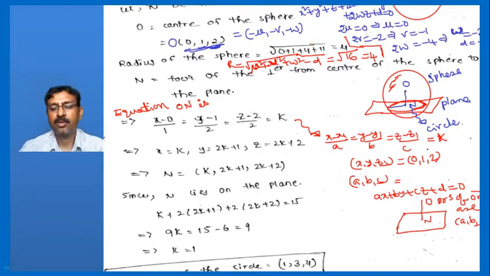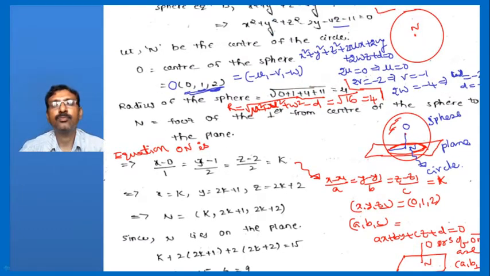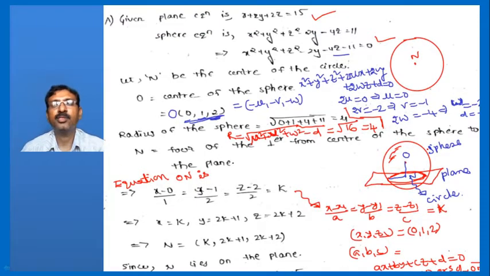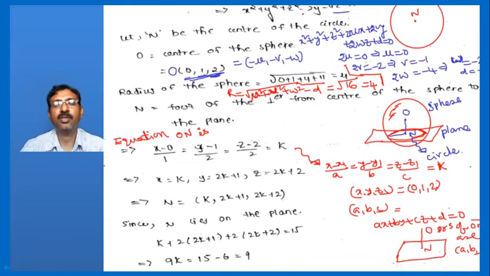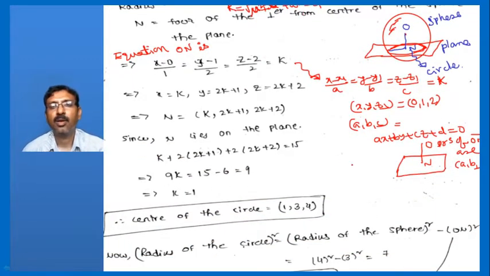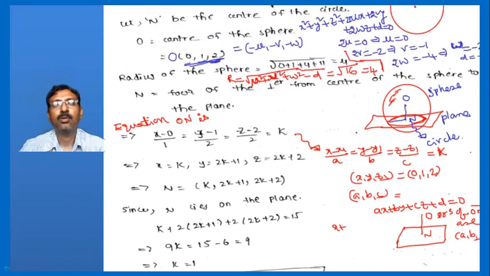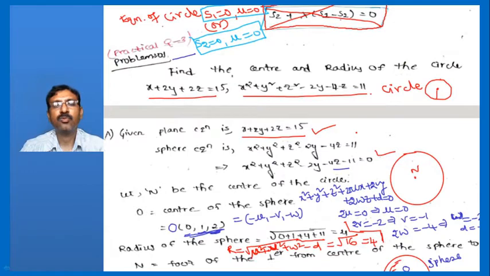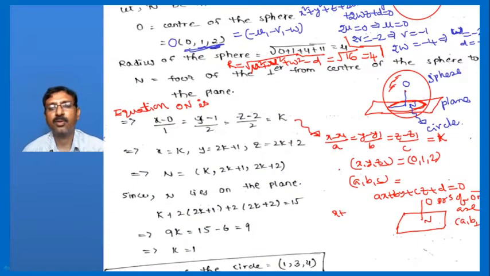So in the given problem, what are the coefficients of the plane equation? The plane is x plus 2y plus 2z equal to 15, that is x plus 2y plus 2z minus 15 equal to 0.